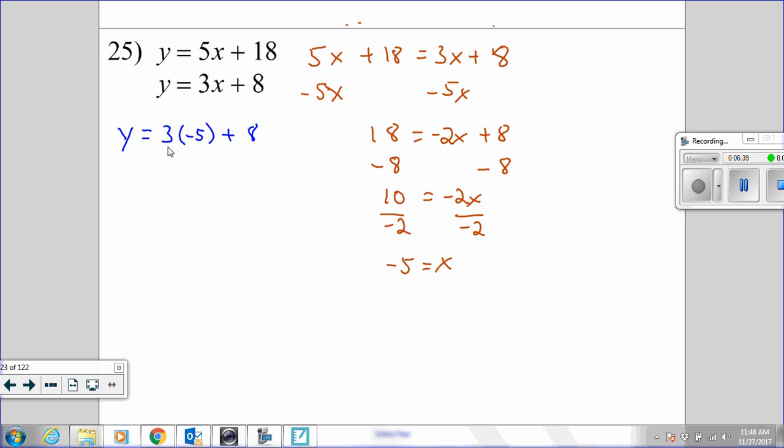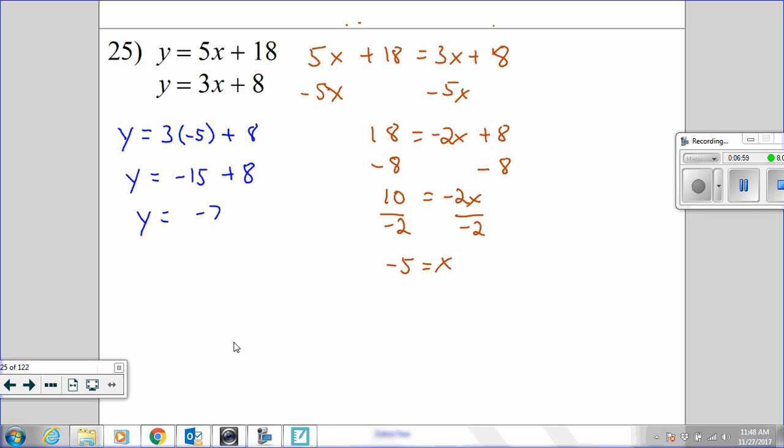Now, after that, I have 3 times negative 5, and that's going to get me a negative 15 plus 8. And then the negative 15 plus 8 is going to get me a negative 7.